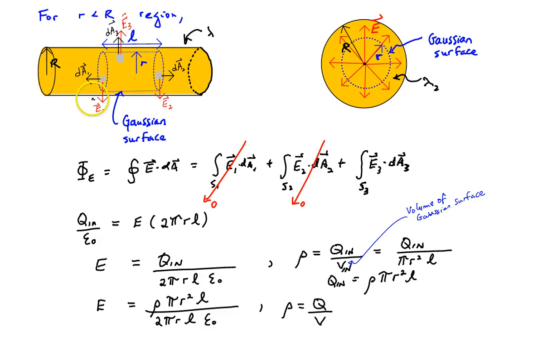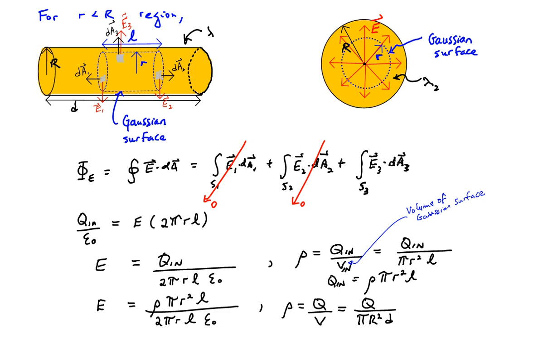But for now, I'm just going to call this distance d, even though d is really infinity. So that volume charge density will be equal to Q divided by the volume of this cylindrical wire, which has a length d and has a radius R. So we'll be writing pi capital R squared times d.